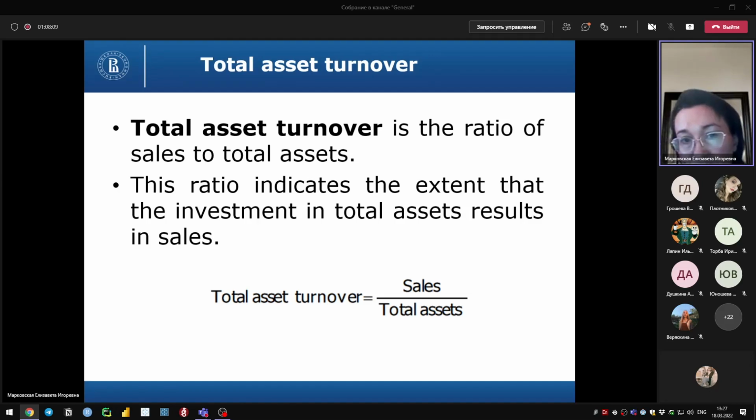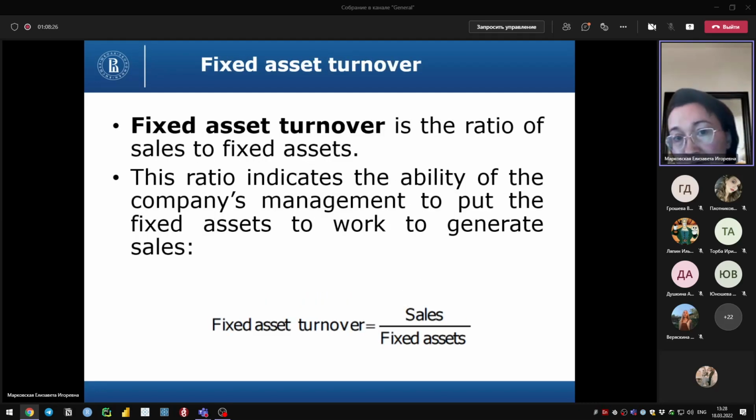And total asset turnover. We have to find the relation of sales to total assets, and this ratio indicates the extent that investment in total assets results in sales. And fixed asset turnover is the relation of sales to fixed assets.